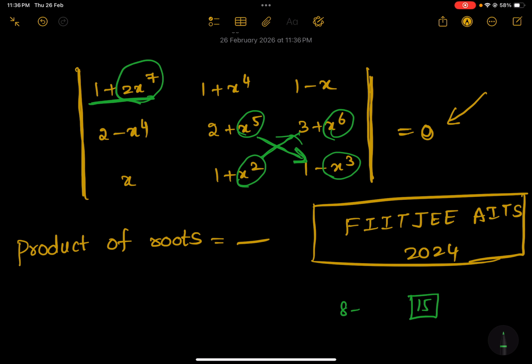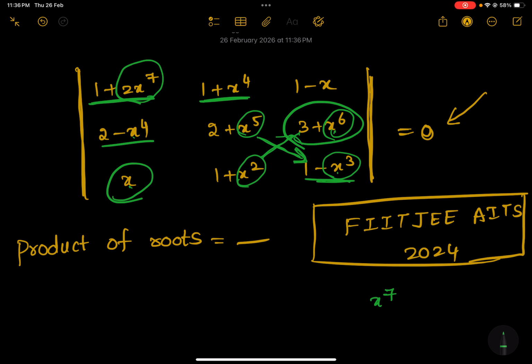8 plus 7. Similarly, when you consider this term, this is 4. When you cross multiply these two, you will get x to the power 7. And when you cross multiply these two terms, you will get minus x to the power 7. That will cancel out, so the degree from this term will be x to the power 4 simply. And when you consider this particular term, the degree of x is 1, so here it is 4 and 2.